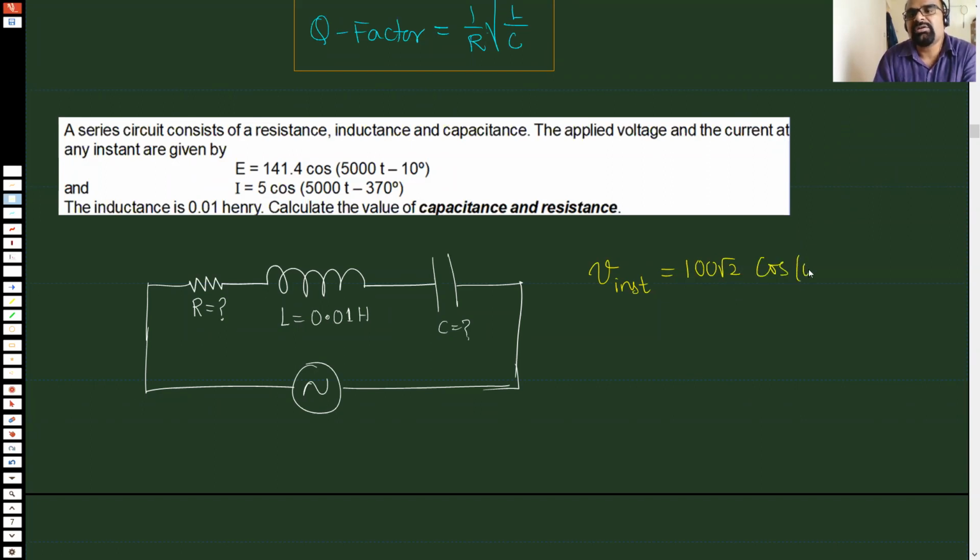And cosine omega t minus 10 degrees, where omega is given to be 5000 radian per second, because whatever is the coefficient of t, that is omega. And the instantaneous current is 5 cosine omega t minus 370 degree.